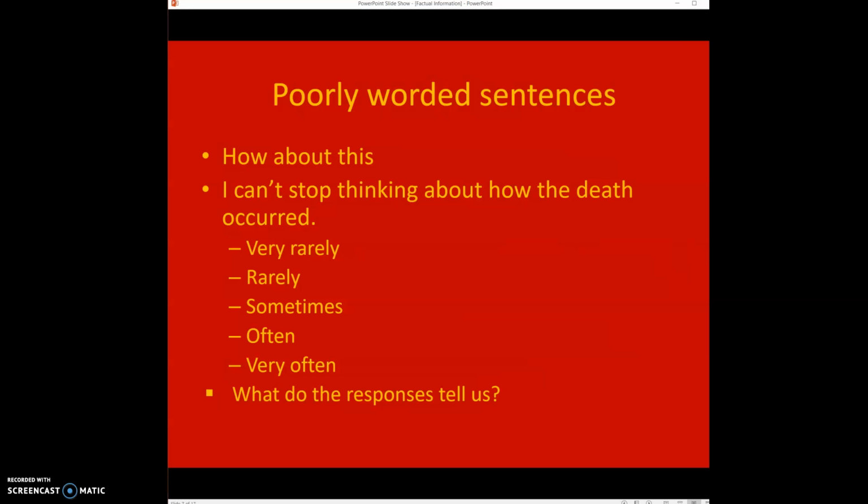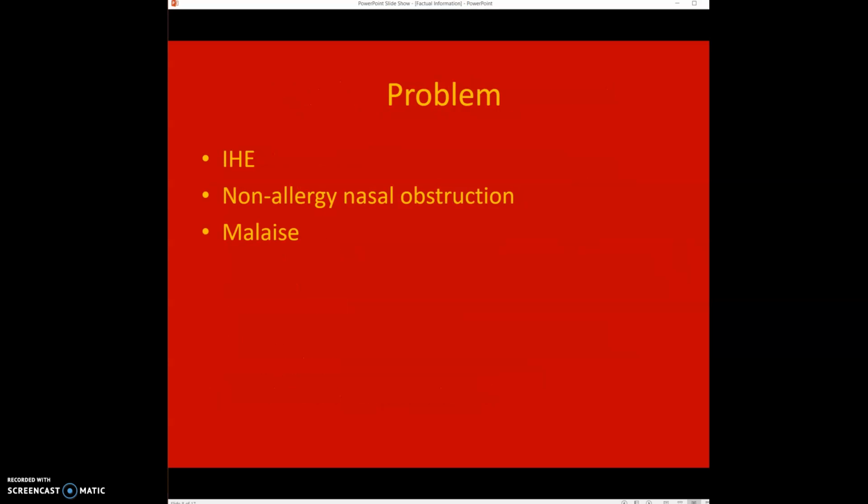That's a very confusing thing for a person to try to conceptualize. Maybe a better way to think about that is, I think about how the death occurred: rarely, sometimes, often, very often. Don't put it in a situation where you end up with a double negative that they've got to figure out and that you also have to figure out later on.